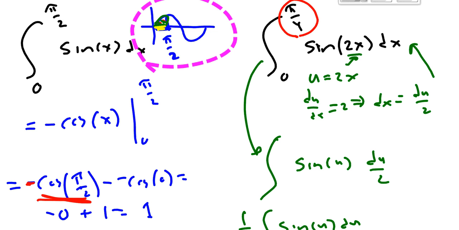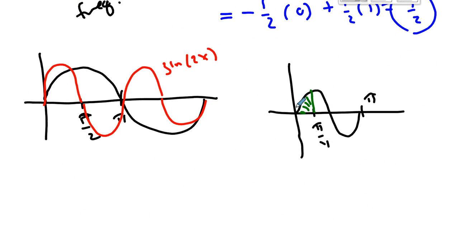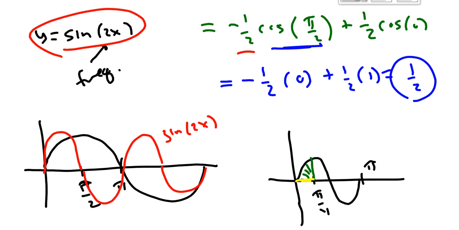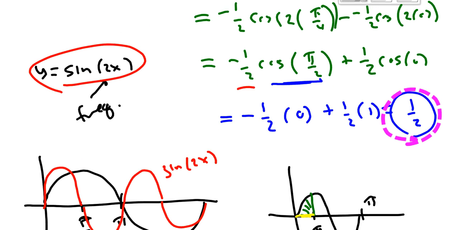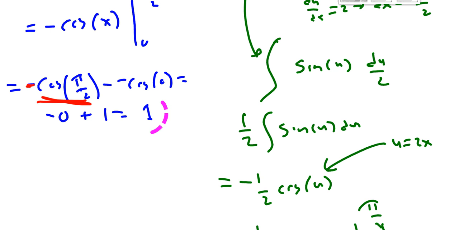Let's use a different color now. That yellow distance was pi over 2 units of length, and this yellow distance is pi over 4 units of length, which you'll notice is exactly half of the previous length. And your area of this green wedge was 1/2, whereas in the earlier problem, it was 1.